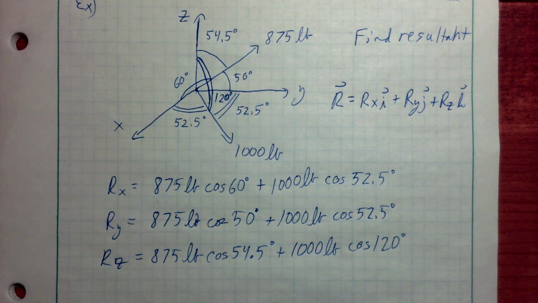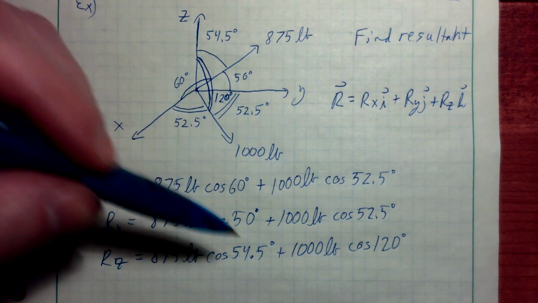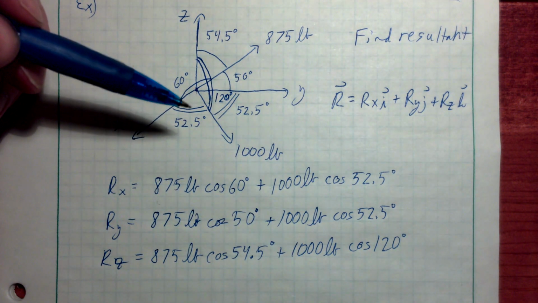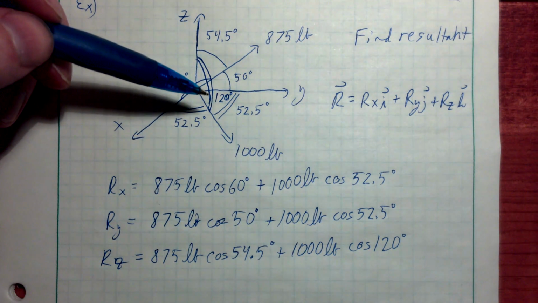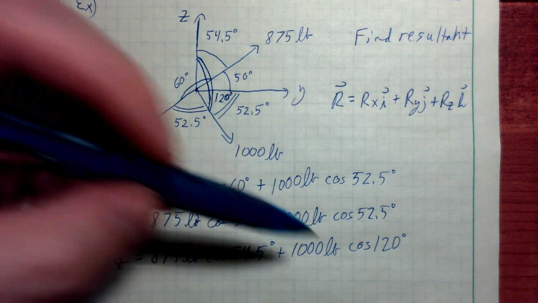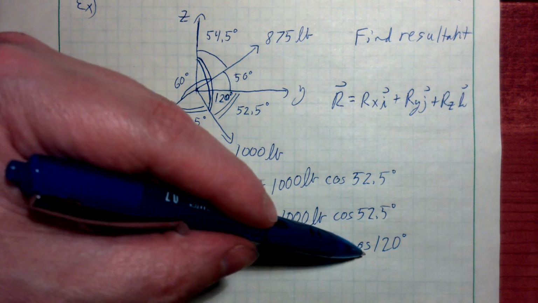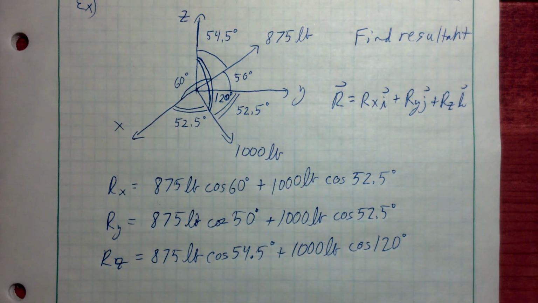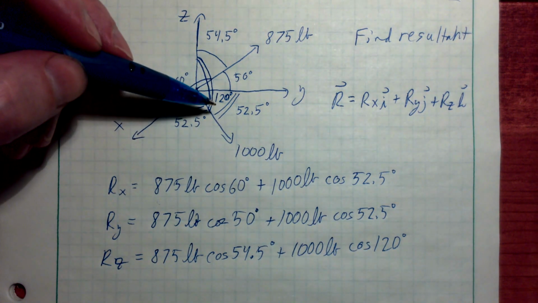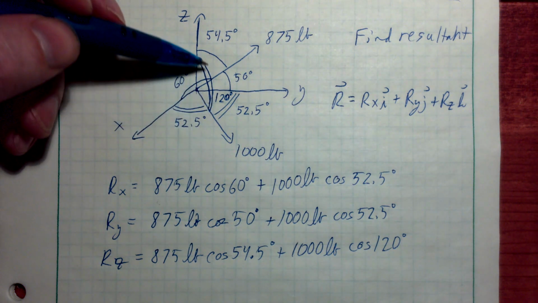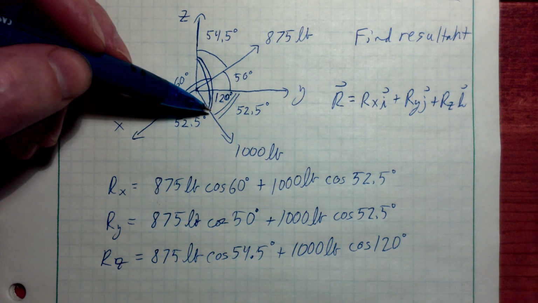Now, one might say, Steve, isn't this in the negative z direction? Isn't it down? Why wouldn't you subtract it? You could subtract it, but you wouldn't want to do the cosine of 120 if you subtract it. You want to do the cosine of 30, because it's 90 degrees to the xy plane, and then it's another 30 degrees below the xy plane because it's 120 from z here.